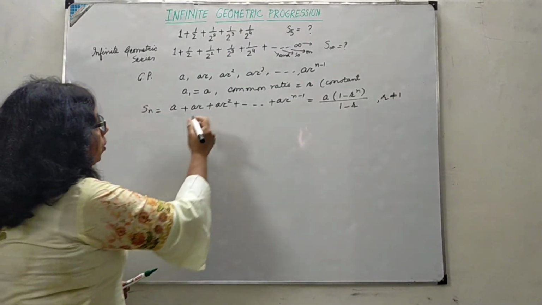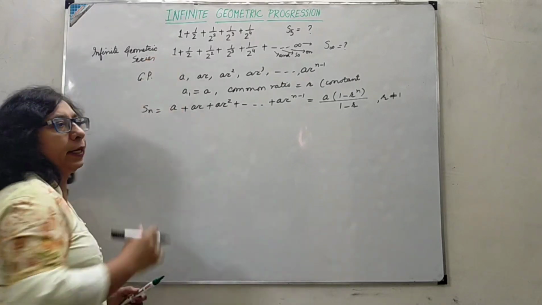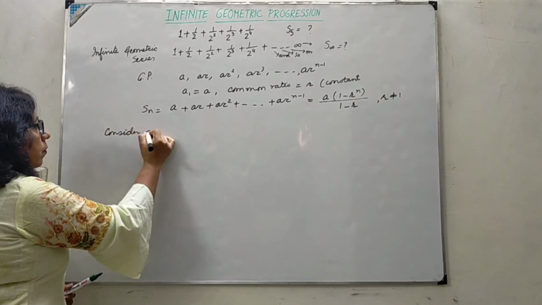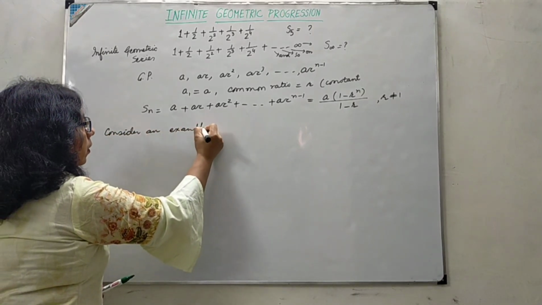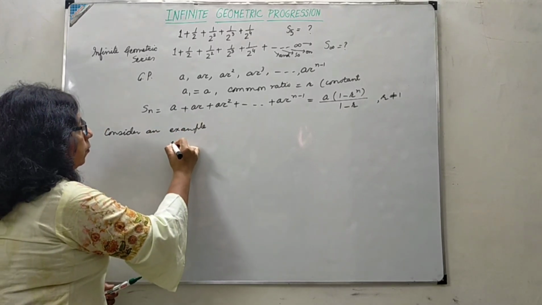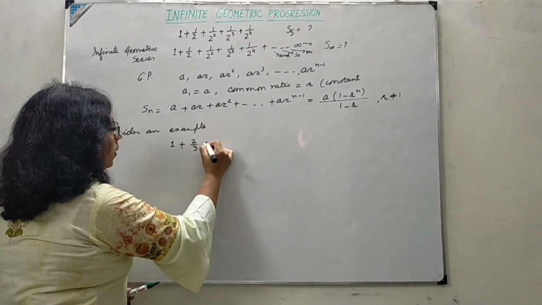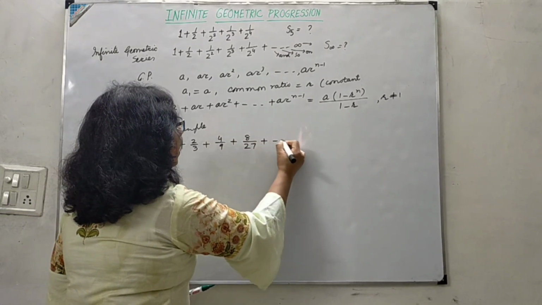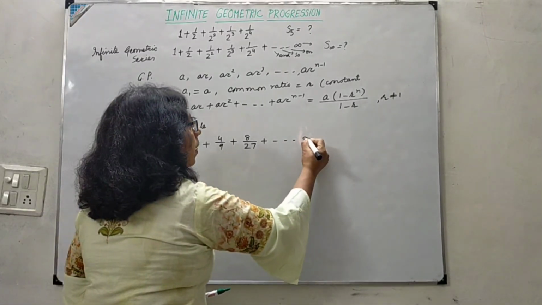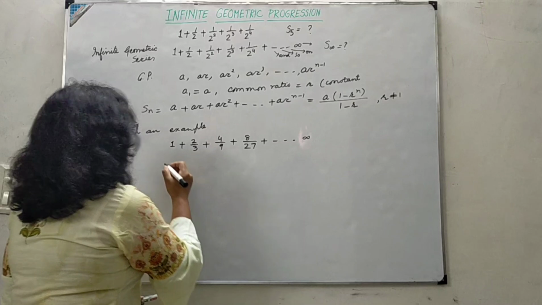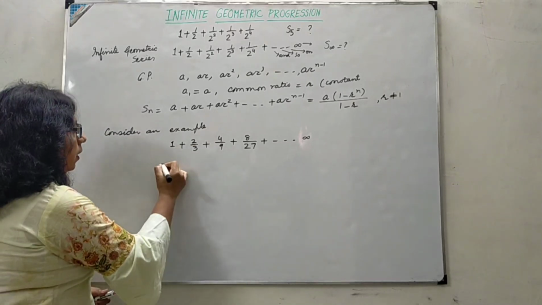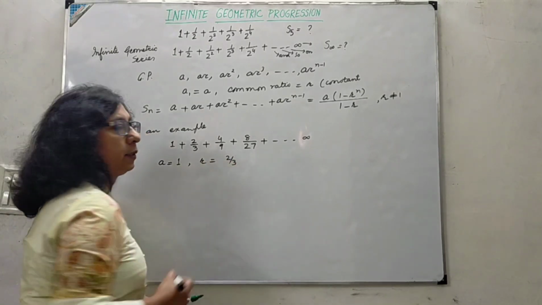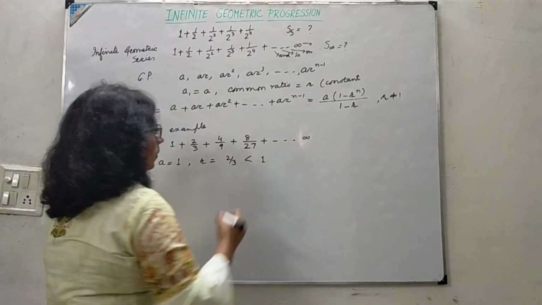Now, to extend this formula for infinite geometric series, let us consider an example. For example, if I take 1 plus 2 by 3 plus 4 by 9 plus 8 by 27 and so on, up to infinity. For this series, you can see the first term is 1 and the common ratio is 2 by 3, which is less than 1.